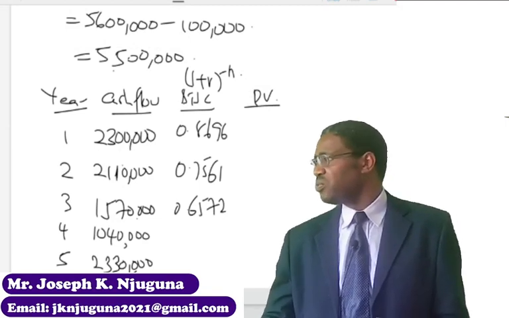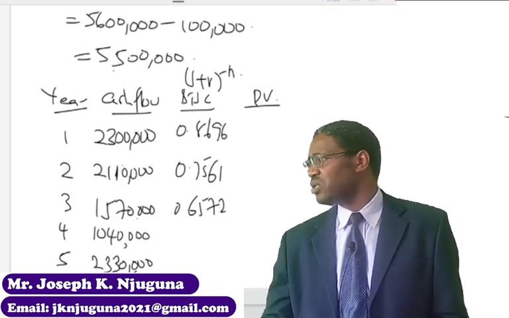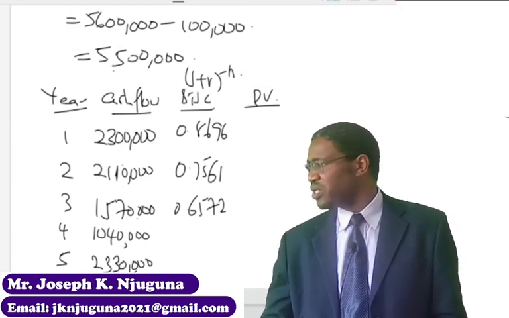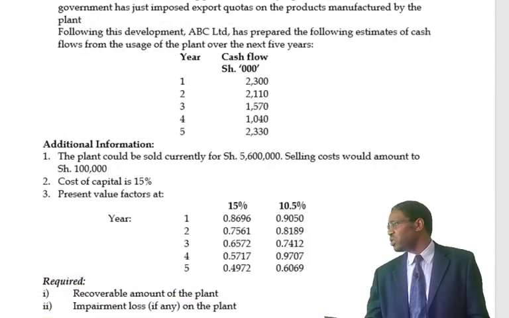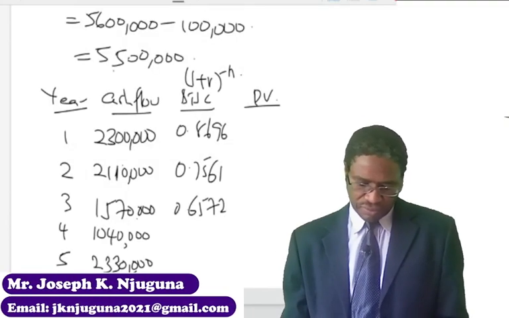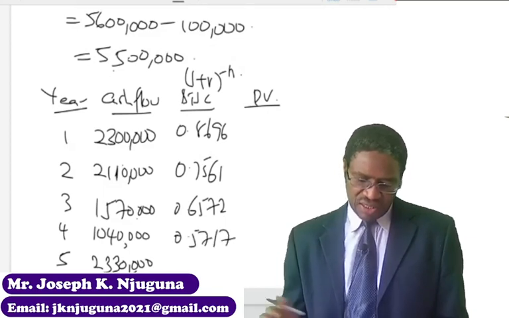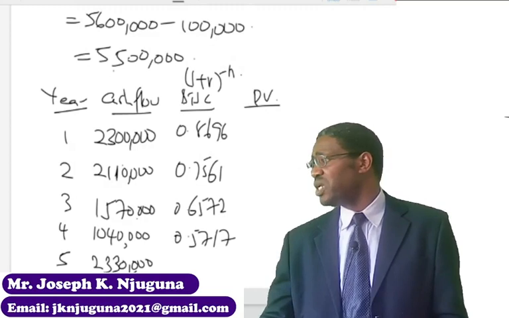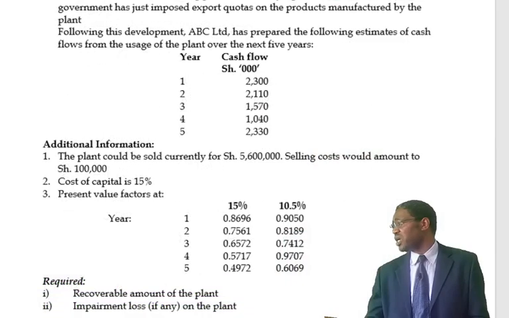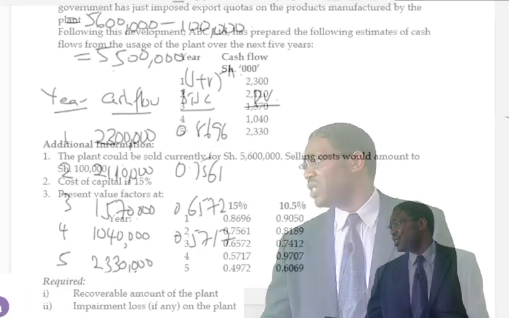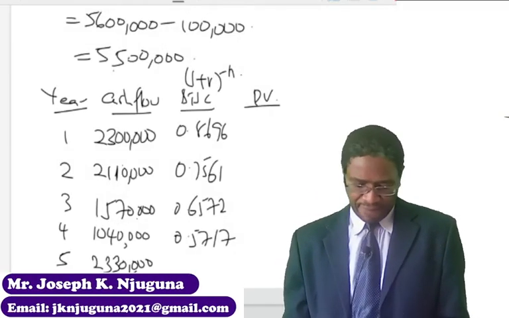After that, we are picking the fourth one, and the fourth one was given as 0.5718. Then finally, I picked the last one, 0.4972.